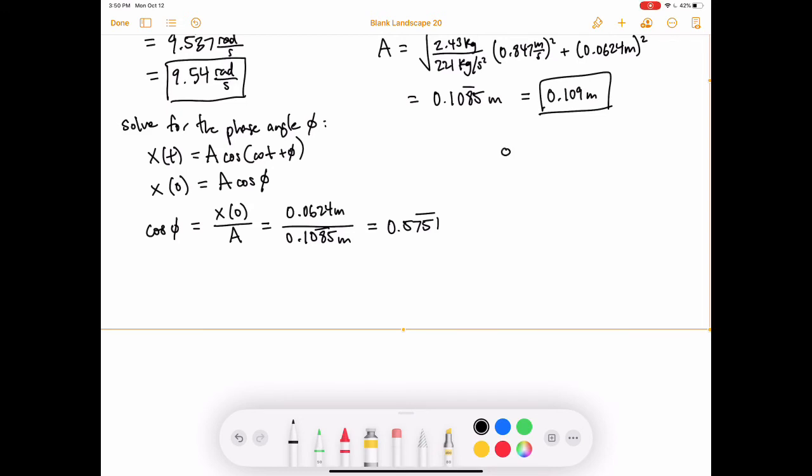So we want to know what phi is. So to get it, we'll take the inverse cosine of 0.5751. And if you punch that into your calculator, it will tell you that the answer is 54.89 degrees. So this is the result the calculator will give.